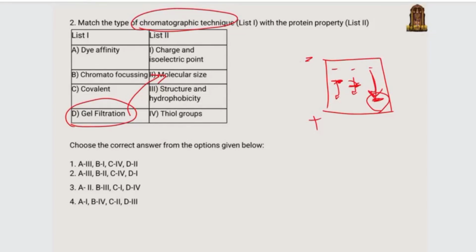The next one is dye affinity. What is dye affinity? In dye affinity, you are using an immobilized plate, or an immobilized membrane, and you are using a dye. The dye is a specific kind of structure, and those will be immobilized on the membrane.